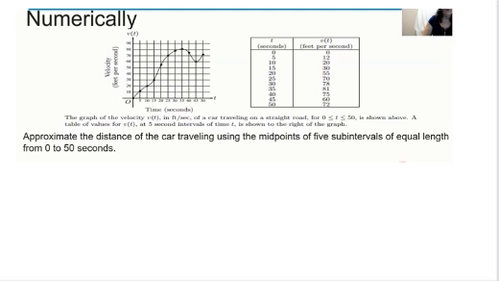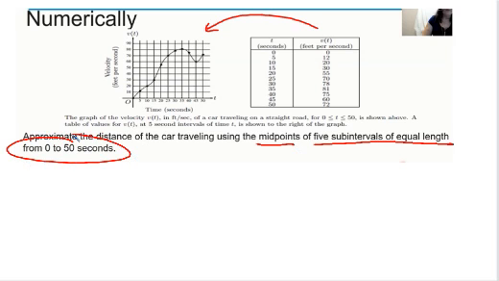Now, if you see a problem like this, if you can read that small lettering, the graph of the velocity is shown above, and we've got a table of values. This table matches up to this graph. Approximate the distance of the car traveling using the midpoints of 5 subintervals of equal length, and notice it said midpoints, from 0 to 50 seconds.